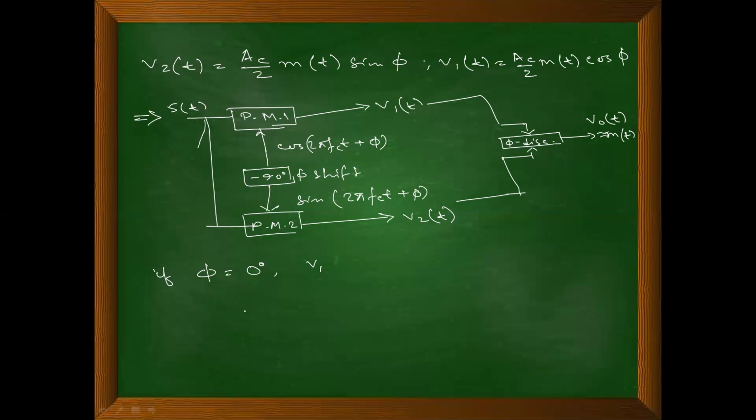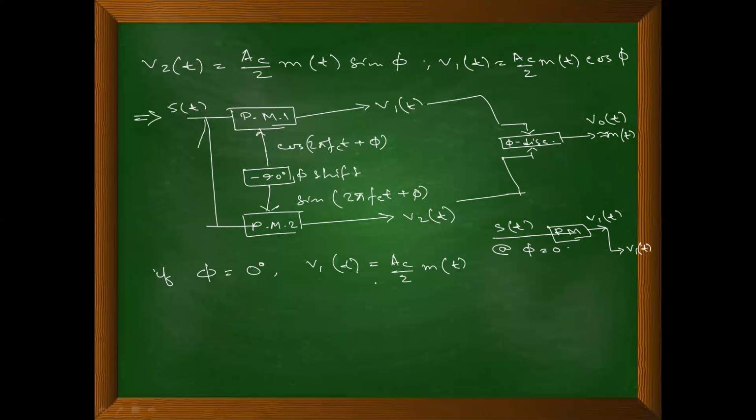At phi equal to 0, V1(t) will be Ac by 2 m(t). So S(t) goes into the product modulator, and I will get V1(t) at phi equal to 0.